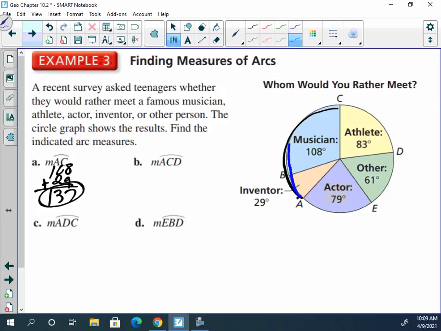So, right, since we know what inventors and musicians already added together is 137, well, we can add to it athletes, which is 83. 7 to 3 is 0, carry the 1. 9, 2, carry the 1. And do we all agree with 220? And we get this one here.